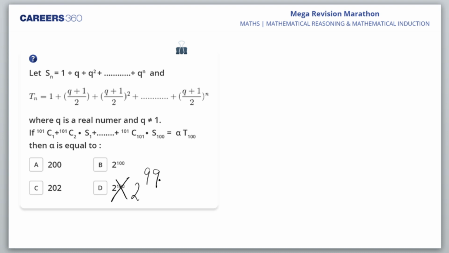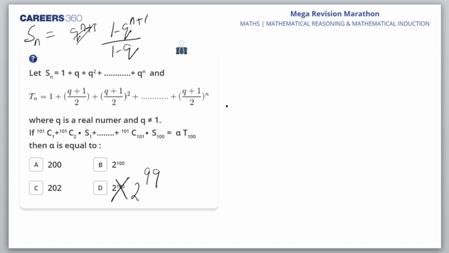Sachin B, Dilip Ratha B, Rekha B. After a long time you have come, Rekha Rustagi, Saraswati Mishra B. Okay. So Sn is, how many terms are these? Tell me. n plus 1. So q raised to power n plus 1, or maybe 1 minus q raised to power n plus 1 upon 1 minus q. Am I right?